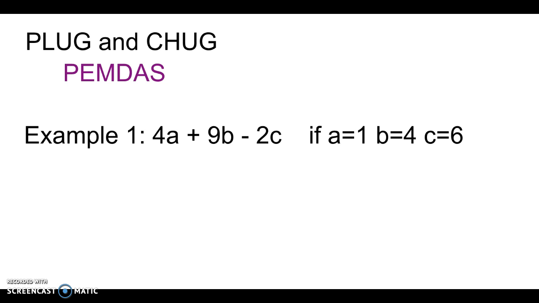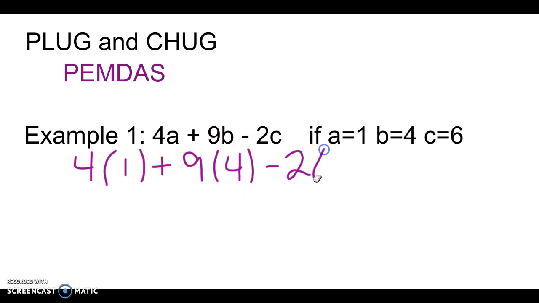So I'm going to copy my problem down. 4 times 1 plus 9 times 4 minus 2 times 6. So all I did is I took whatever the variable was equal to and I plugged in the number where the variable was in the problem.